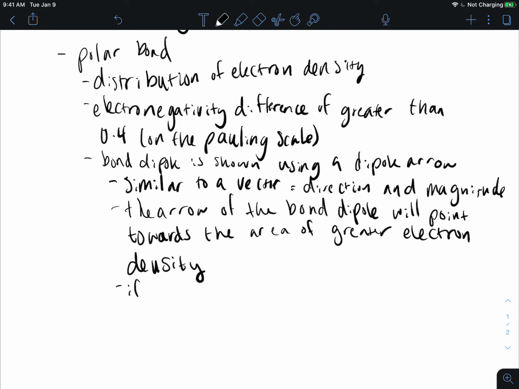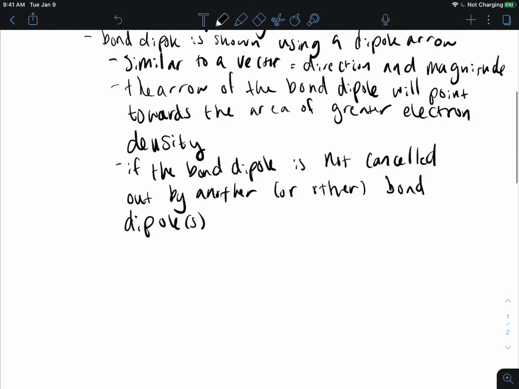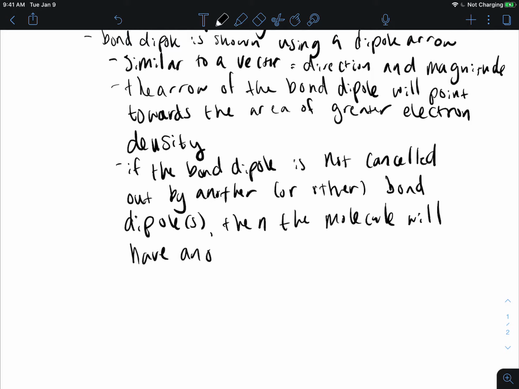So if the bond dipole is not canceled out by another or other bond dipole, then the molecule will have an overall molecular dipole.